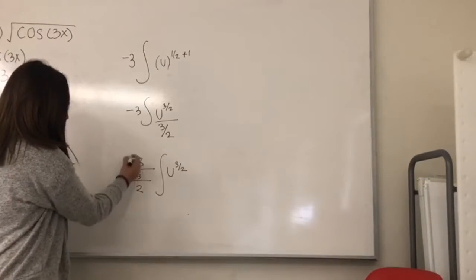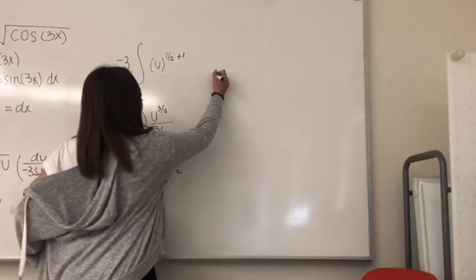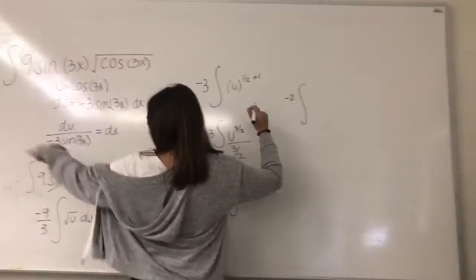Okay, now you're gonna divide, and it's gonna give you -2. You plug in your u.